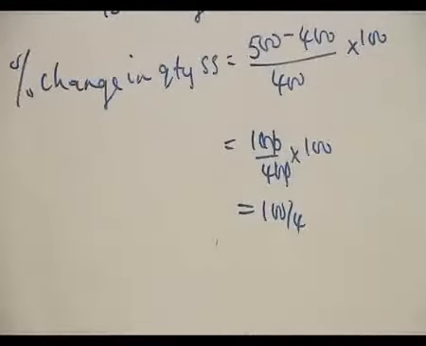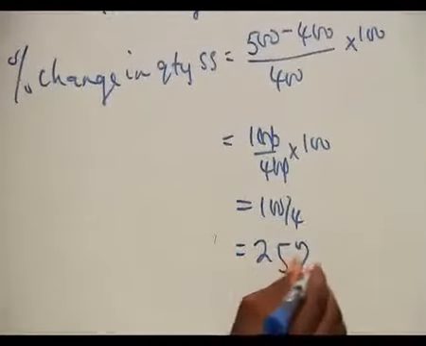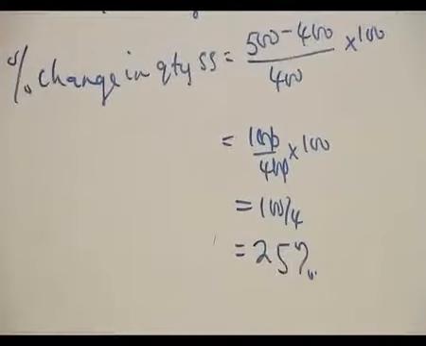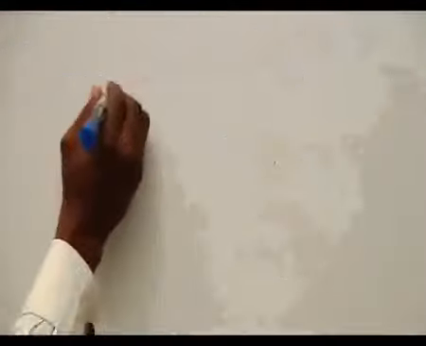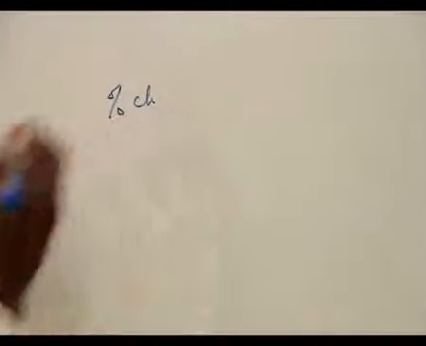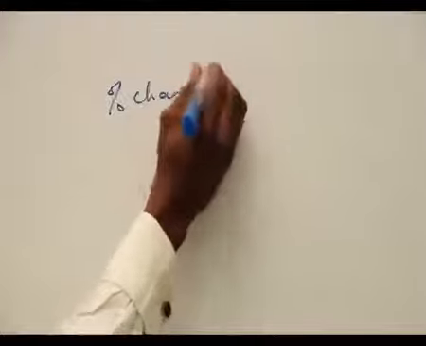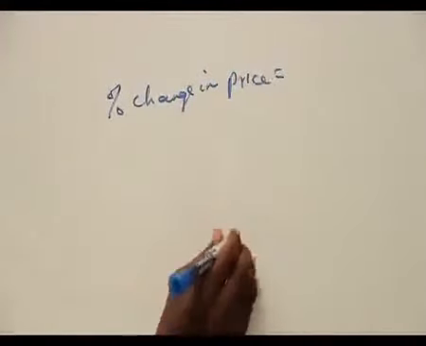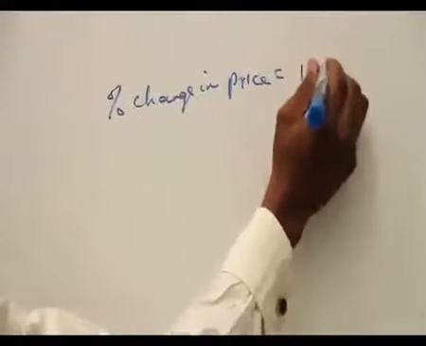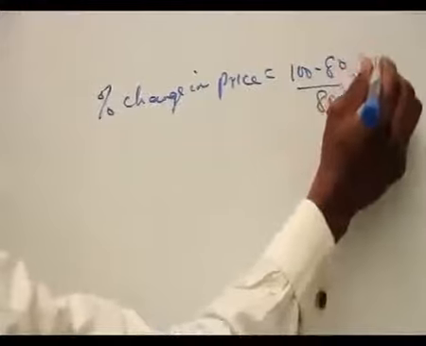Our percentage change in quantity supplied will be 25%. We can now work out our percentage change in price. Percentage change in price equals 100 minus 80 divided by 80 times 100.